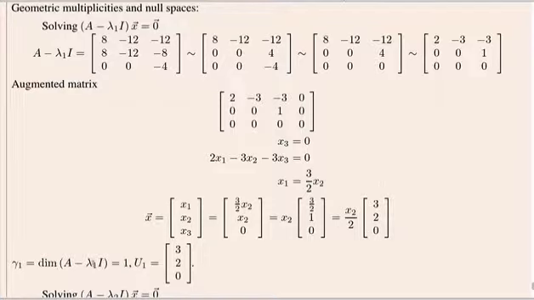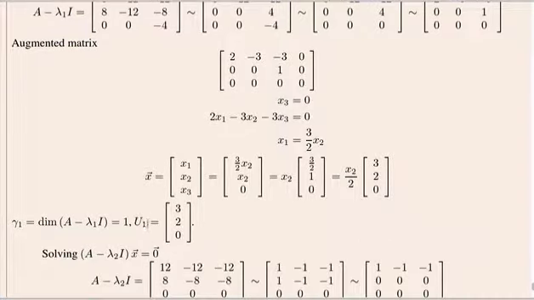And the dimension of A minus lambda 1 I is 1. Also, we have that this U1 matrix is just this column vector in itself. So it's a 3 by 1 matrix.